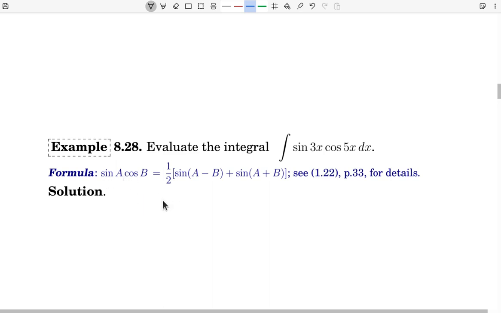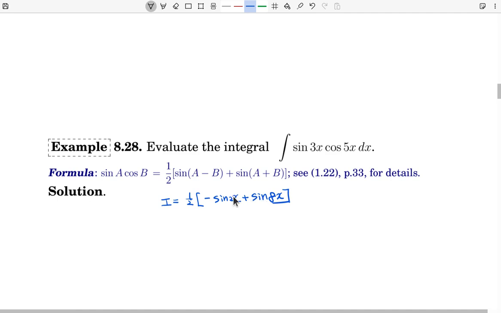So over there, the integrand, sine a cosine b, is the same as half of sine a minus b. So then sine of minus 2x, so we can say minus sine 2x, and plus, if we add them, sine 8x, right?